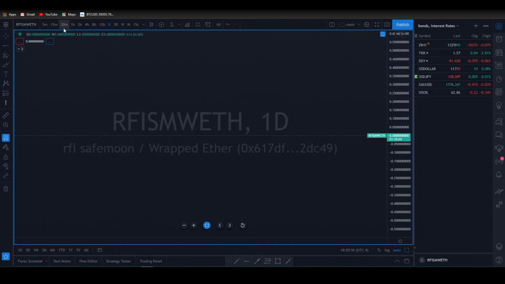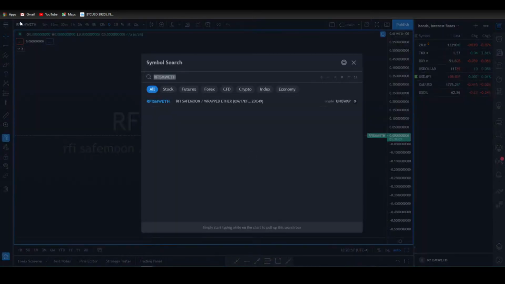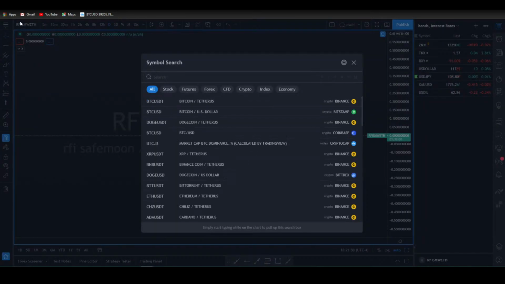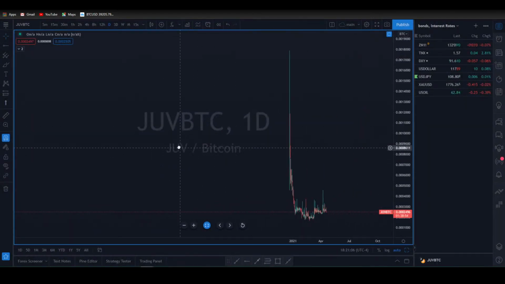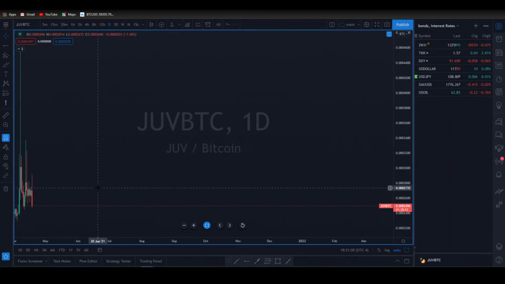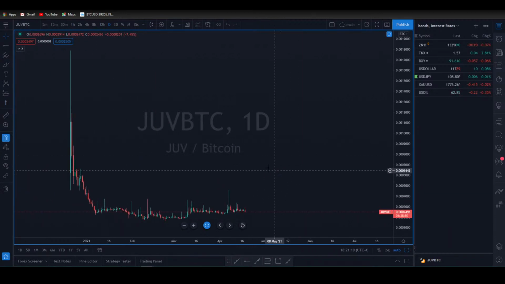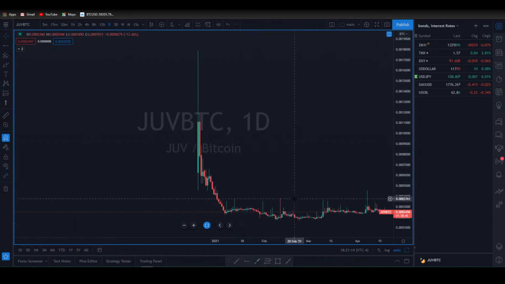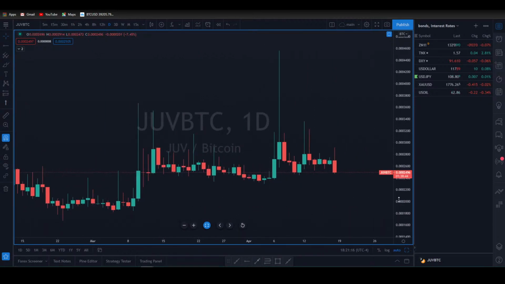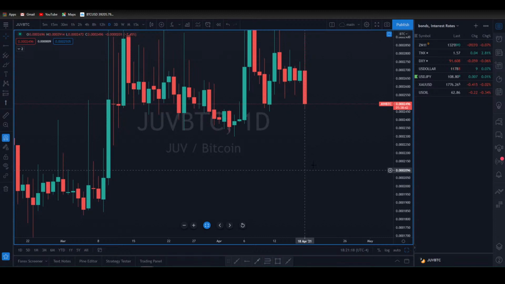JUVBTC, says David Alpheus. I don't think I know what this is either. It's on KuCoin. Well, it's not doing so good, not since its IPO. Let's stretch it out and see what we got here. Let me see if I can find you some valid support levels.